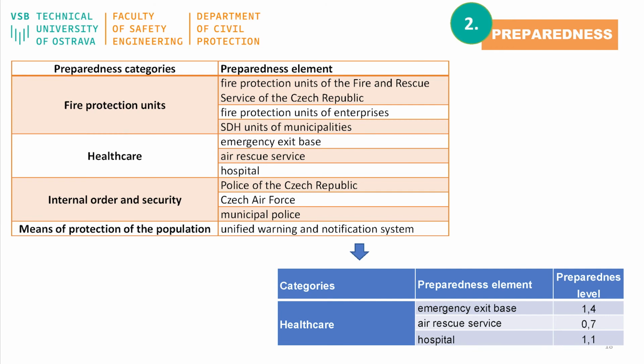It's very interesting too because we have fire protection, healthcare, internal order and security, and protection of the population. We put them together. And next, we have the preparedness level. The preparedness level is for each of the elements. Here is only an example, because it's a very big table.